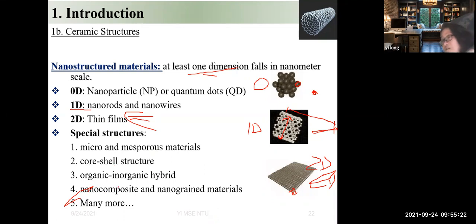If any of the dimensions falls in the nano range, we say it's a nanomaterial or nanostructure. So this level is the nano level.